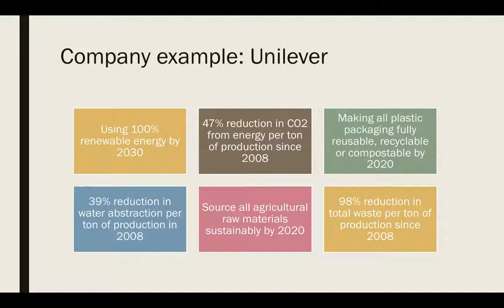Some of their goals to become more sustainable are using 100% renewable energy by 2030, a 47% reduction in CO2 from energy per ton of production since 2008, making plastic packaging fully reusable, recyclable or compostable by 2020, a 39% reduction in water abstraction per ton of production since 2008, sourcing all agricultural raw materials sustainably by 2020, and a 98% reduction in total waste per ton of production since 2008.